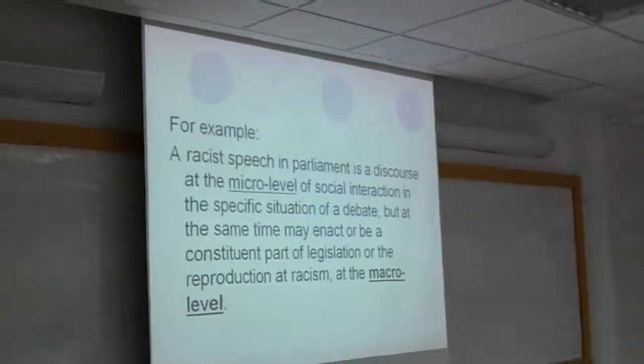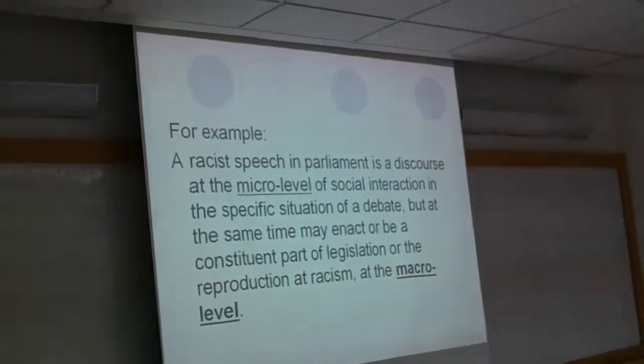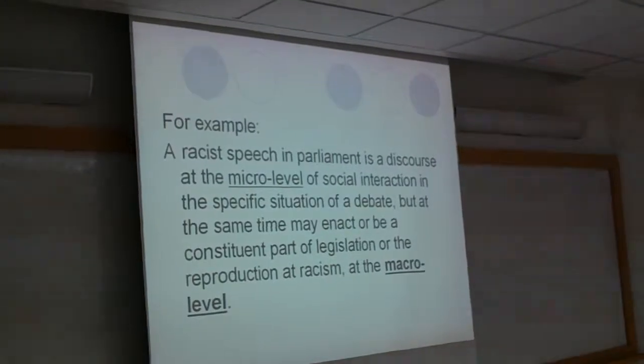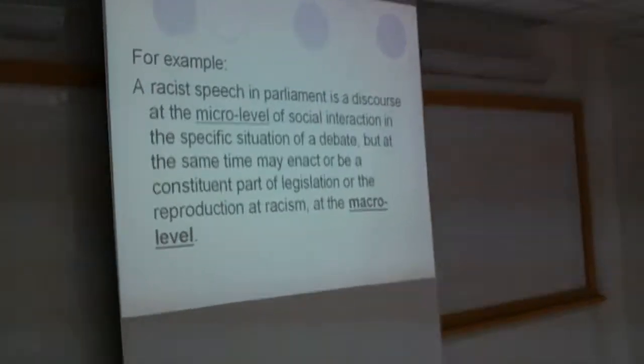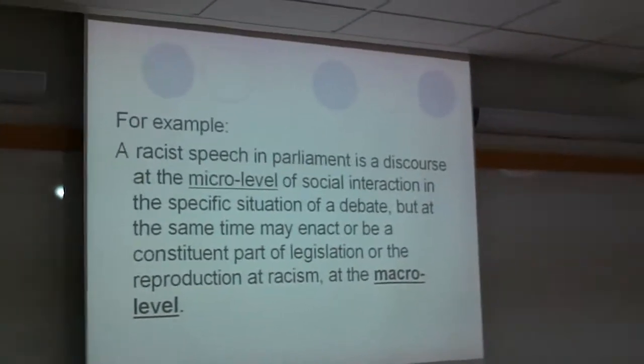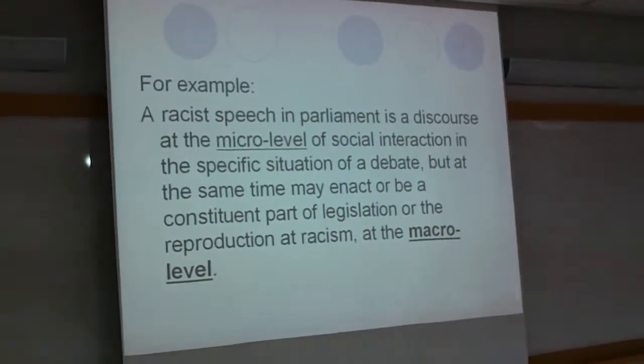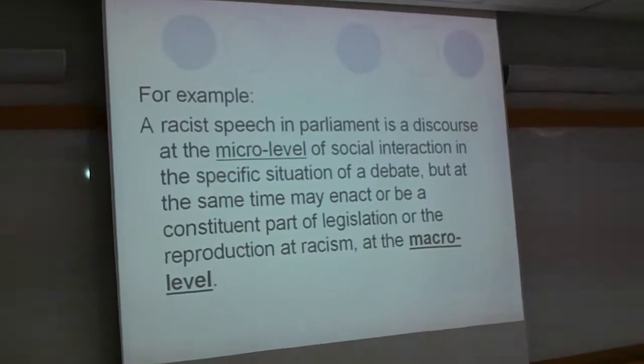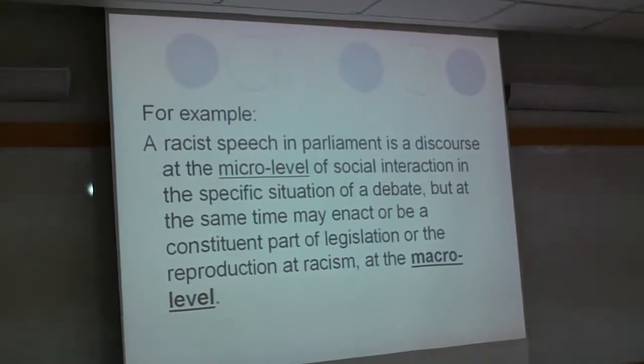Let me show you an example of this. The Brexit speech in the parliament is a discourse at the micro level of social interaction in a specific situation, but at the same time, racist speech can be part of legislation or the reproduction of racism.